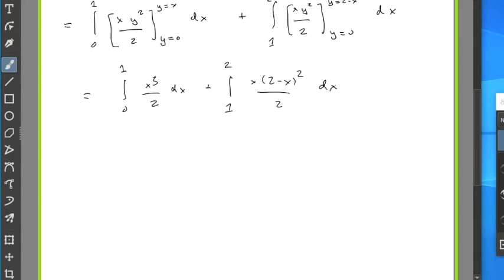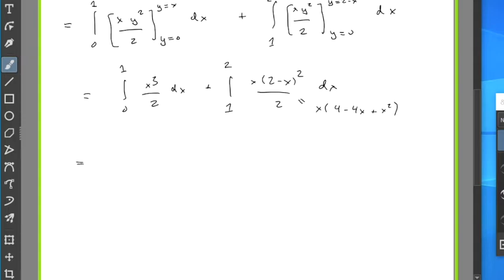Now in the solution manual I did a little trick to make this into one integral. That's, I would say, rather a fancy shenanigan than what you really need to do. You can simply also solve this. So we can rewrite the parentheses there as 4 minus 4x plus x squared.